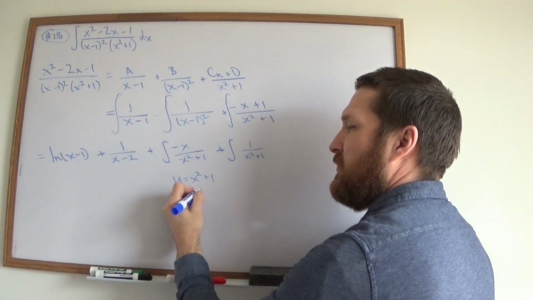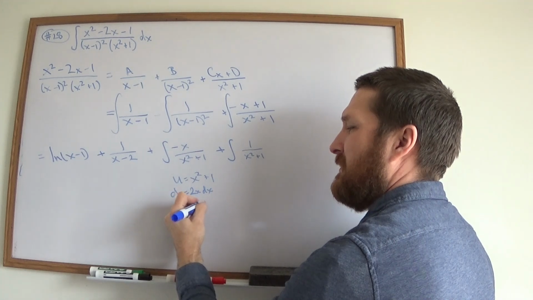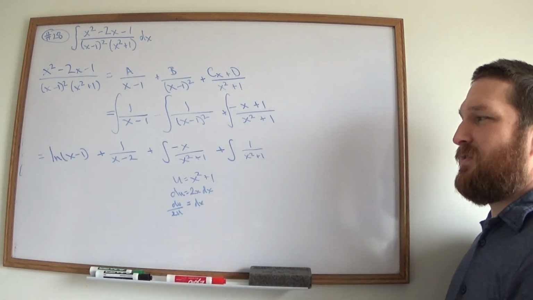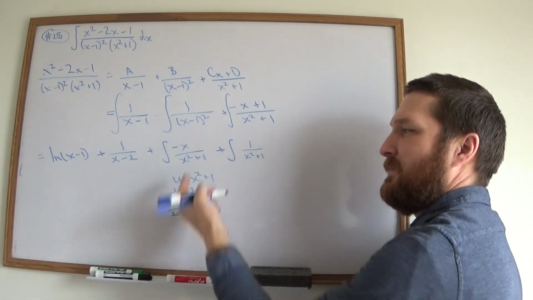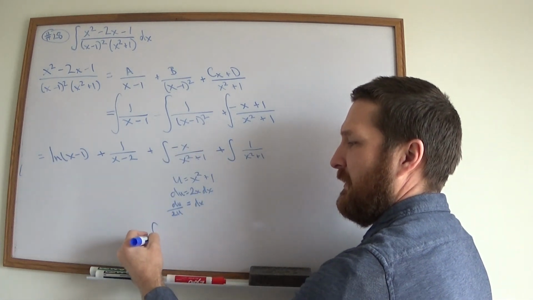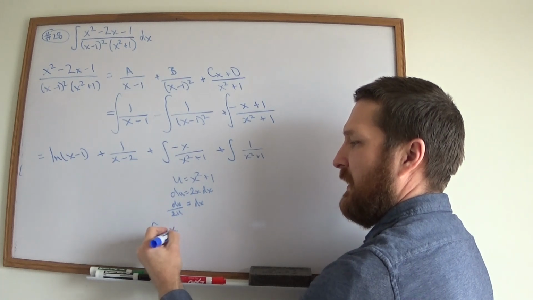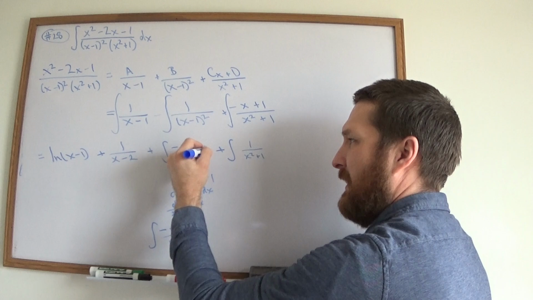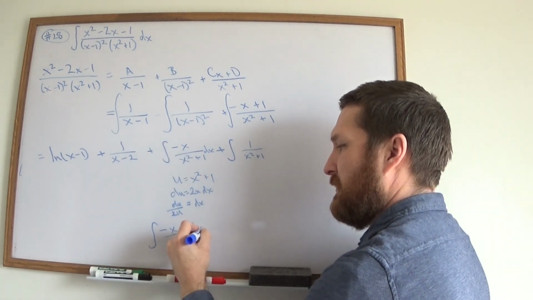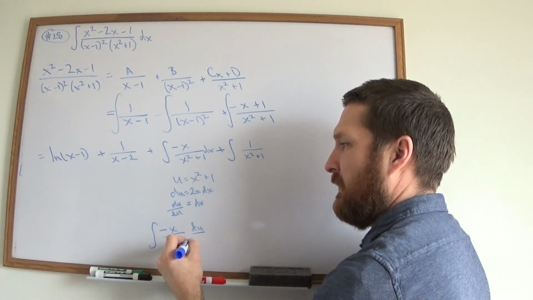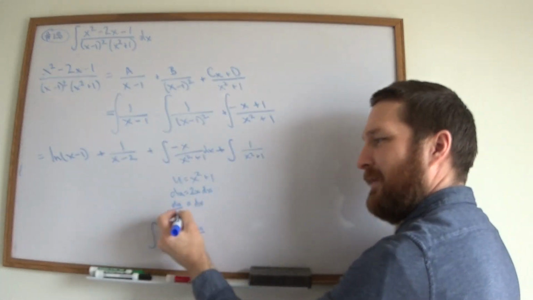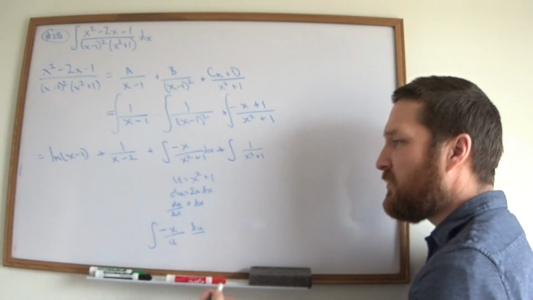du is 2x dx. So that dx is du over 2x. And so, I'm going to substitute here and get negative x over u dx, which is du over 2x.